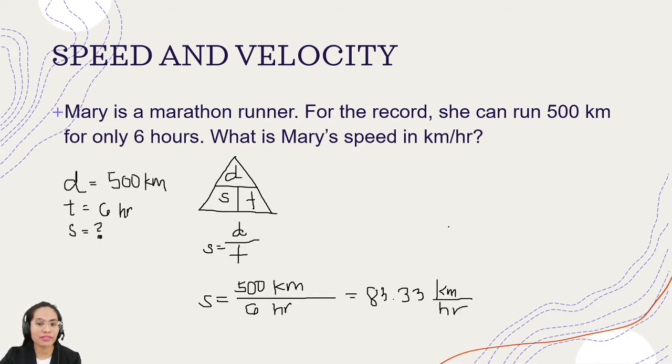It means if we are going to conclude this one, Mary's speed is 83 kilometers per hour. Wow! Bilis niya. So, ang kaya daw niyang i-take na kilometer or takbuhin na kilometer is 83.33 kilometers per hour. Okay?